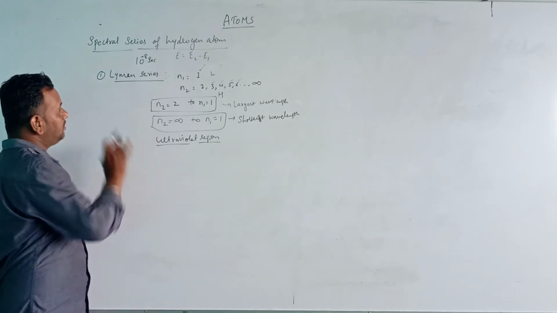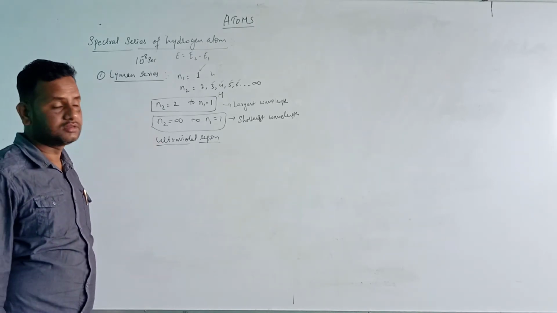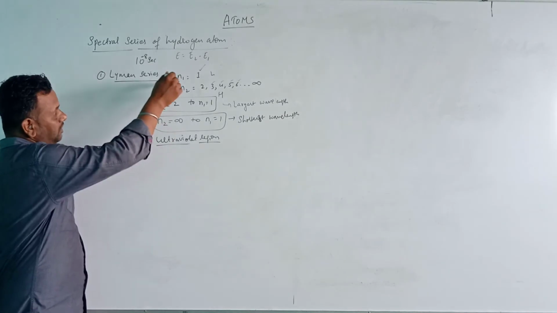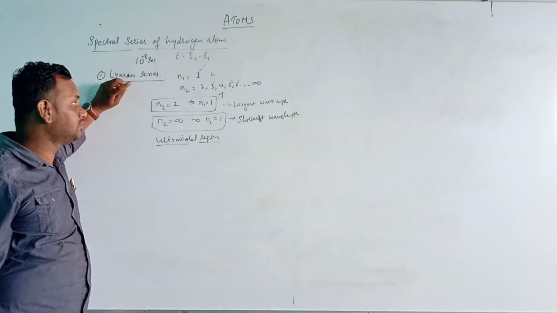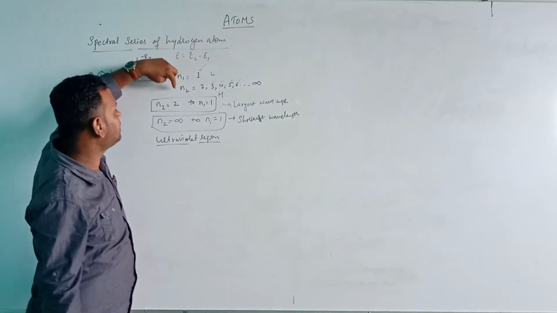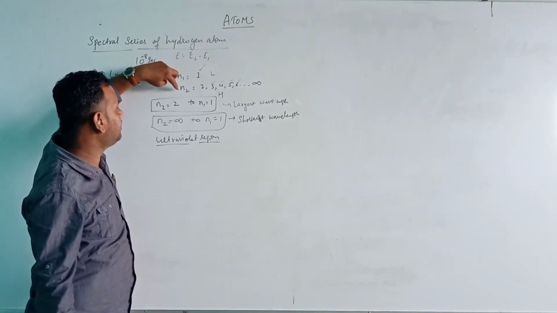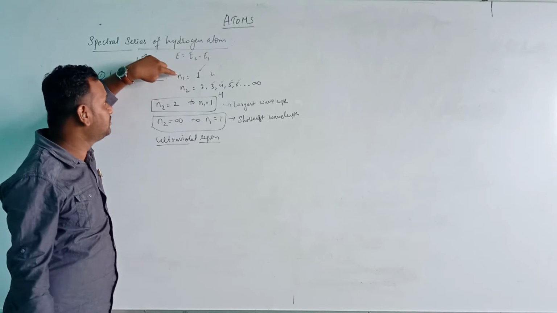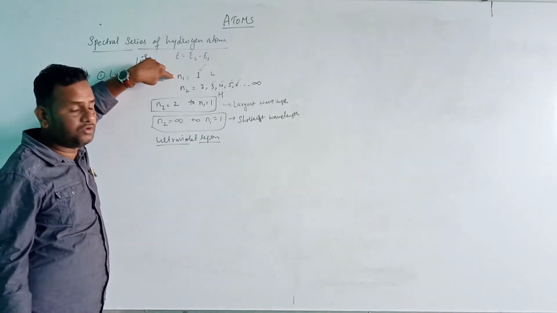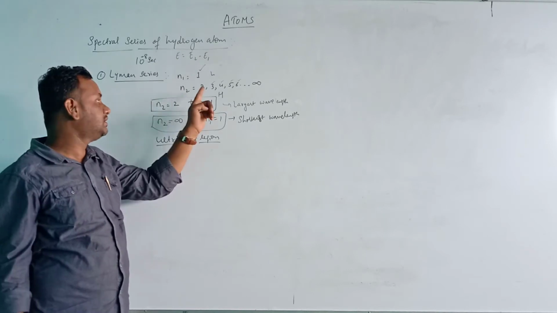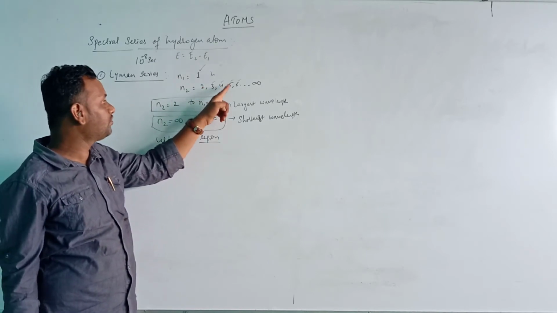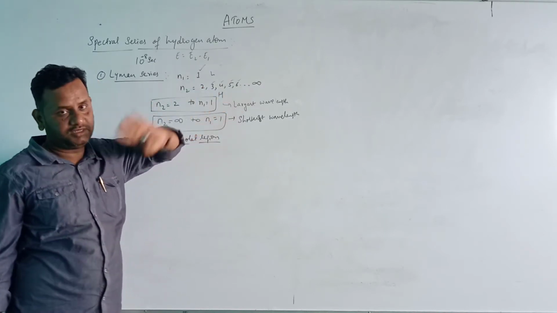So this is all about the Lyman series. Here the transition is taken from higher orbit to the first orbit. N2 is nothing but the higher orbit, and N1 is nothing but the lower orbit. N2 is equal to 2, 3, 4, 5, 6, up to infinity.